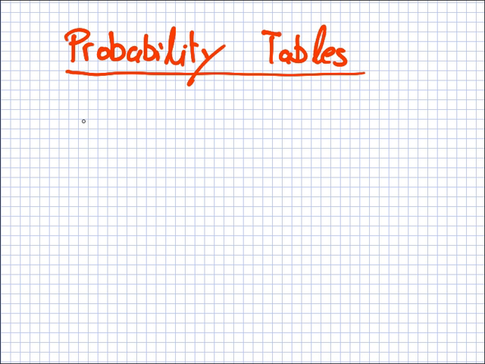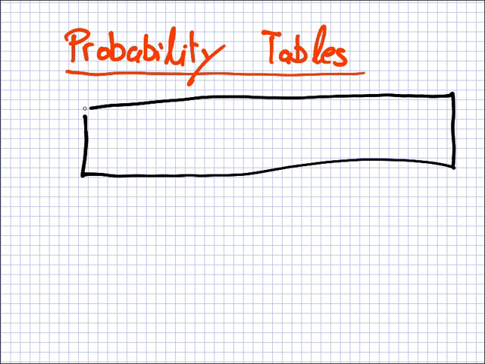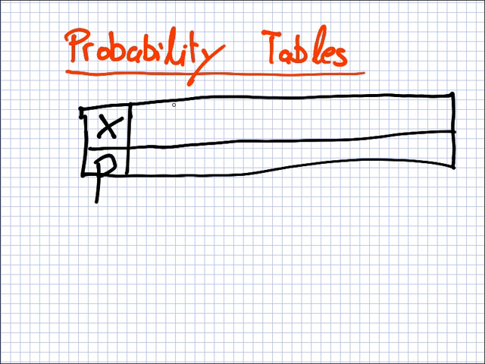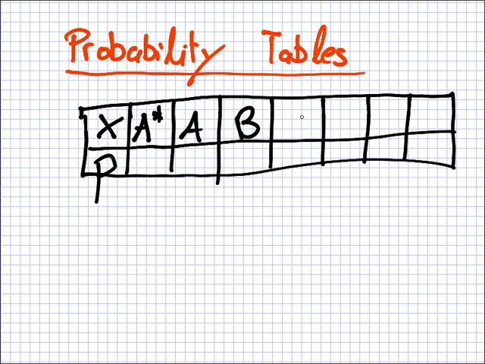Let's have an example here. Suppose I want to have a look at probability of the different grades you'll get. So the X here are the outcomes. So you could get an A star, an A, a B, a C, a D, an E, a U.